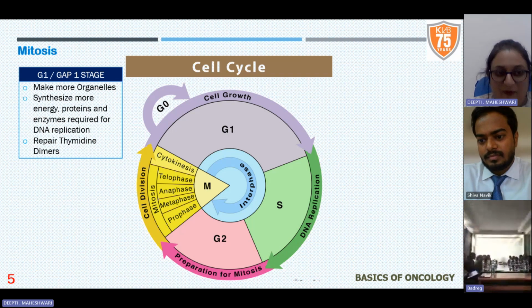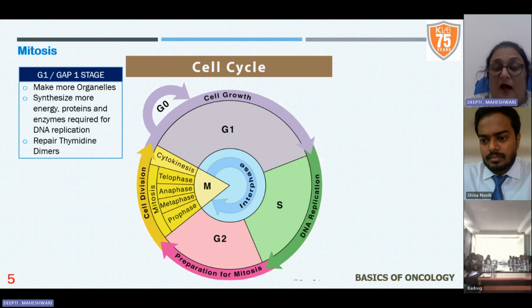Okay. So when DNA synthesis has to take place, the cell has to prepare itself in many ways because more energy is required for DNA replication. So the cell has to synthesize that energy which is required.